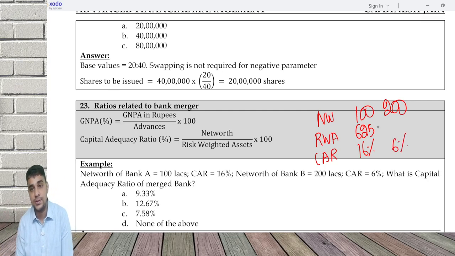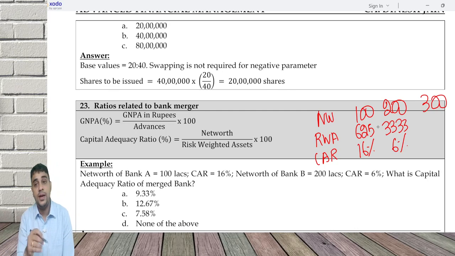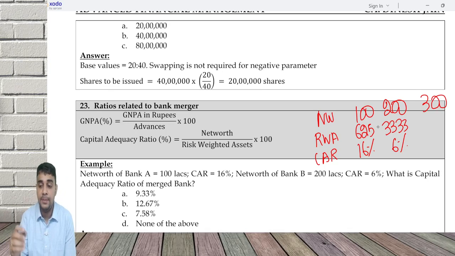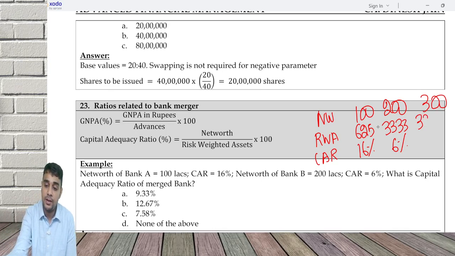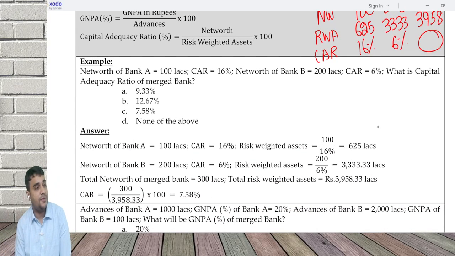Risk weighted assets 3333. For the merger, 100 plus 200 became 300. 625 plus 3333 became, let's get this, 7.58%.